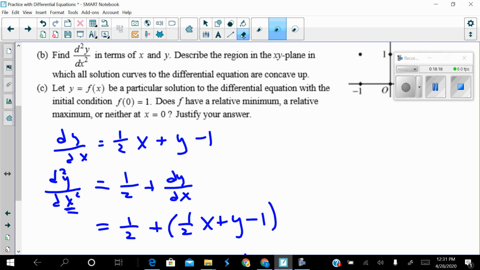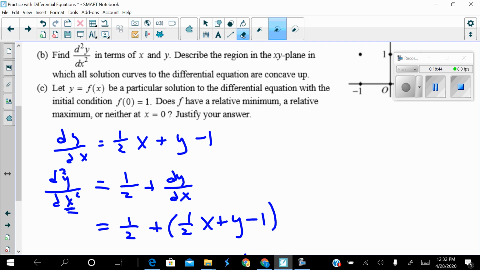I'm not going to erase my second derivative because for C, it says let y equals f of x be a particular solution to the differential equation that goes through the point 0, 1. Does f have a relative min, max, or neither? When they ask if it has a max, min, or neither in one of these differential equation problems, you're going to have to use the second derivative test for extrema.